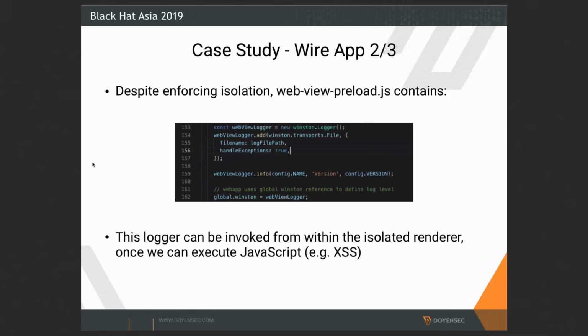What this preload is doing is appending a logger, which, as the name suggests, is used to log information. This is something required in the renderer, because the overall purpose is to log something inside the page that displays messages and attachments.